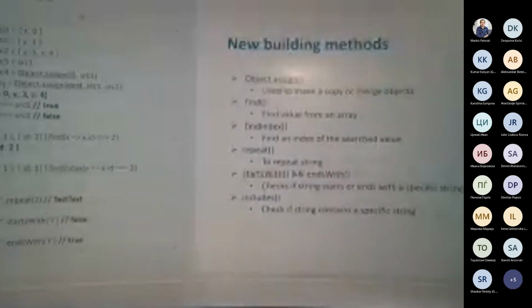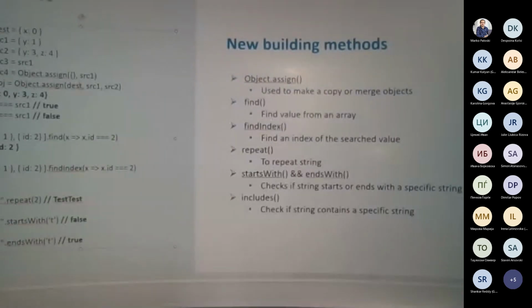Also, we have includes. Includes checks if a specific string exists in that string. For example, if we search for "t" in "test", then it will return true, that it exists there.